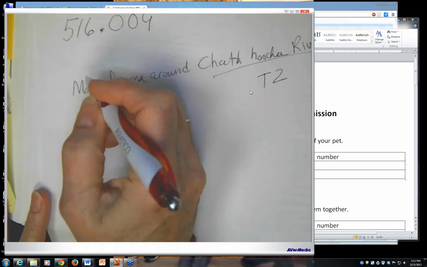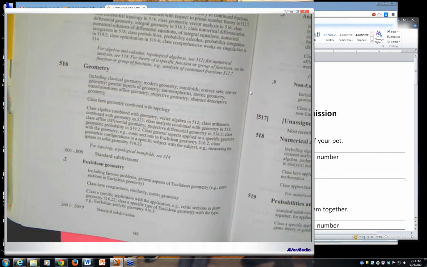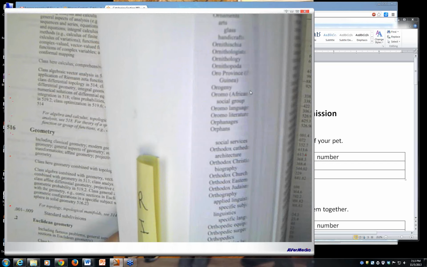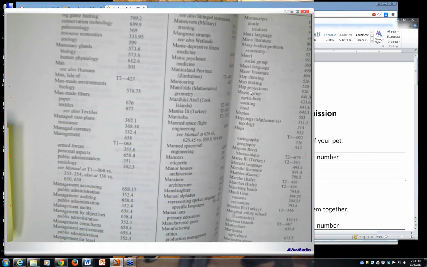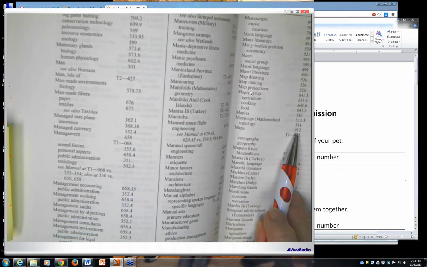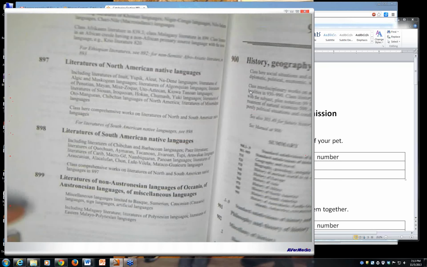But this is a map of that area. This is a physical map of this area. So let's take a look here in the relative index at maps. And if we look up maps, it's going to take us to 912. We go to 912.